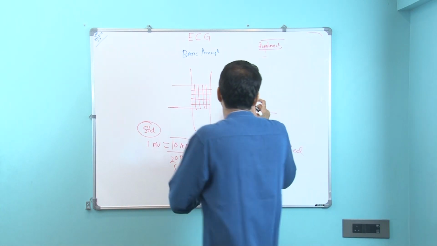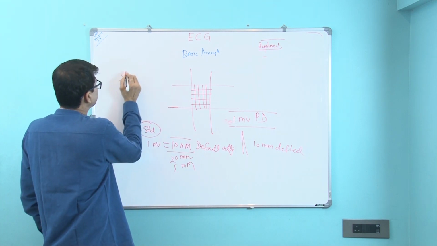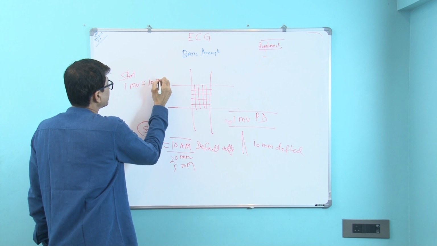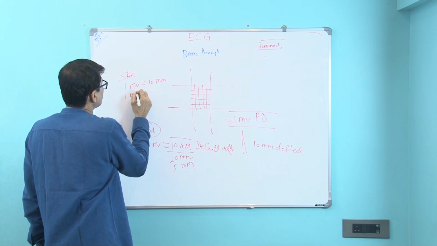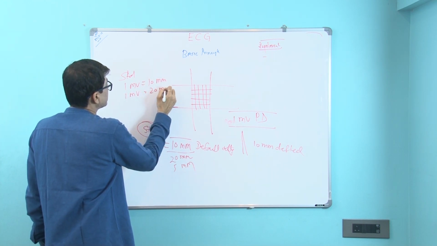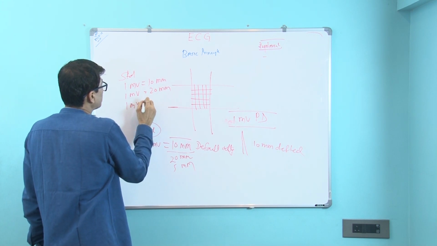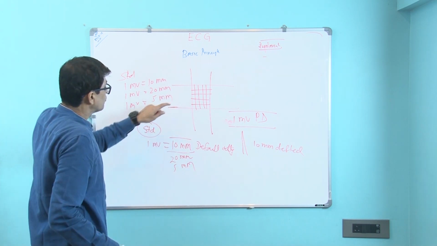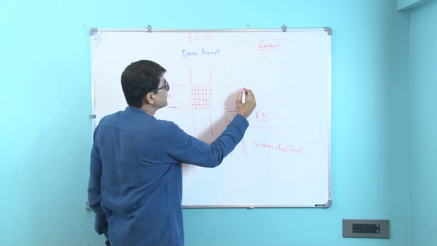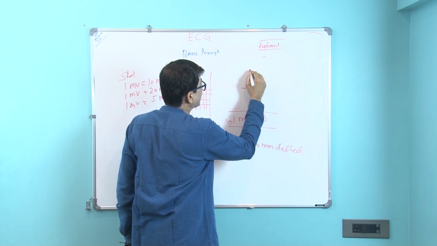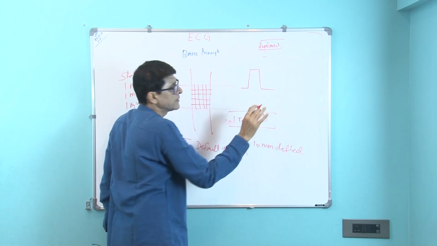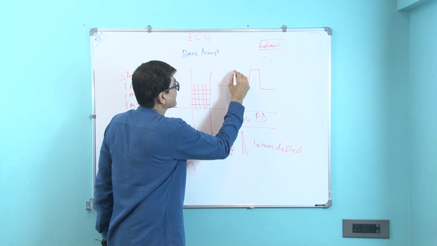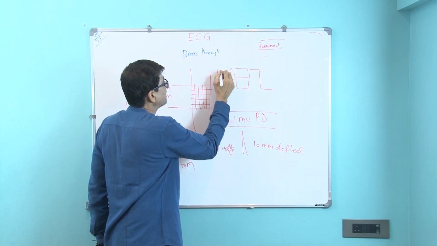So, for example, standardization setting: 1 millivolt equal to 10 millimeter, 1 millivolt equal to 20 millimeter, and 1 millivolt equal to 5 millimeter. At the beginning of every ECG you will see one square pattern like this, and by default it is always equivalent to 2 big squares, that is 10 millimeter.